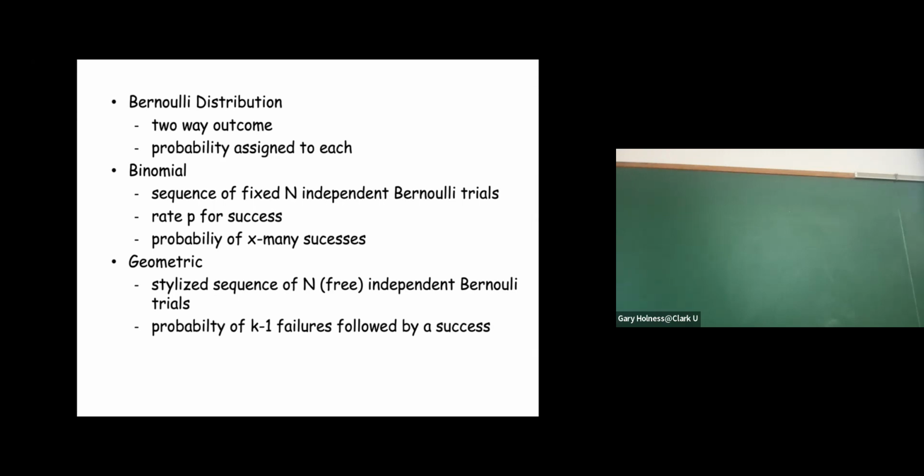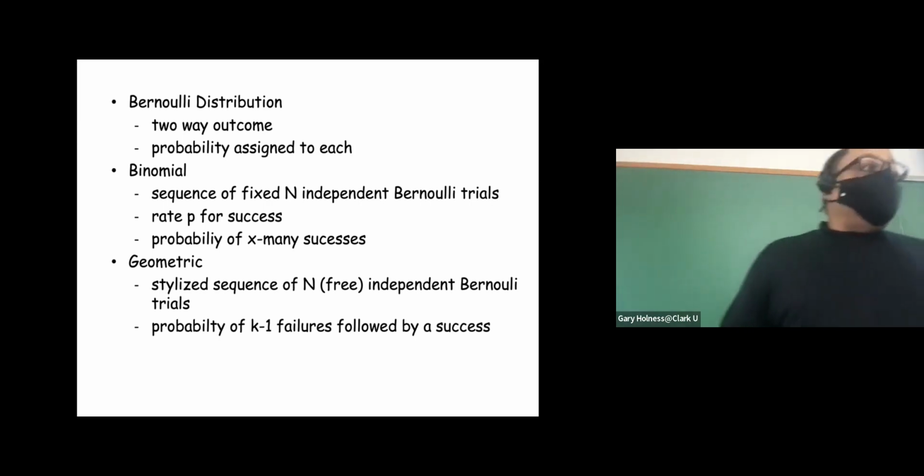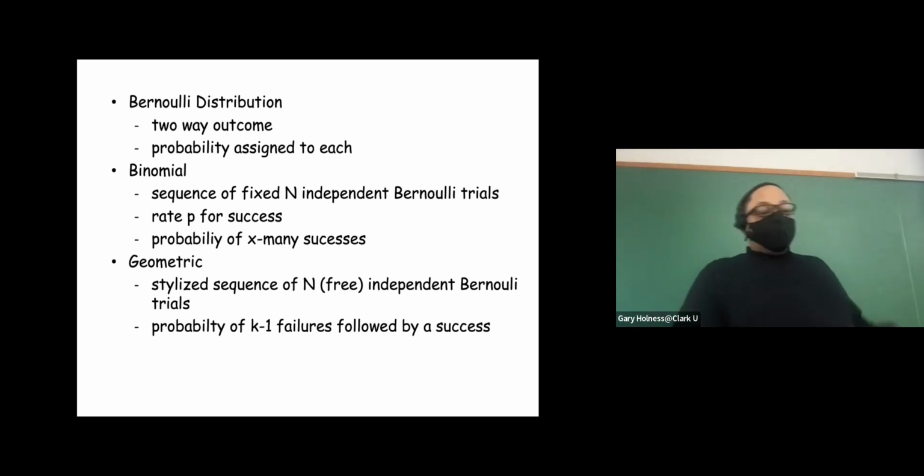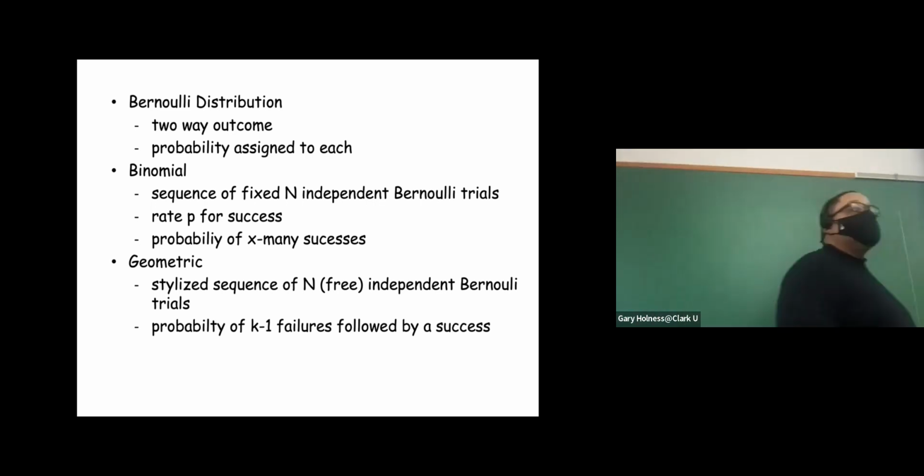And if you flip the first one, the 50-50, and it came out heads, you switched to the 60-40. If it came out tails, the next flip would be this 50-50. That is not independent, because in that case the outcome of one trial does depend on the outcome of another trial. And so this independent part of the sequence of Bernoulli trials is really, really important to the behavioral description of the system you're endeavoring to describe.